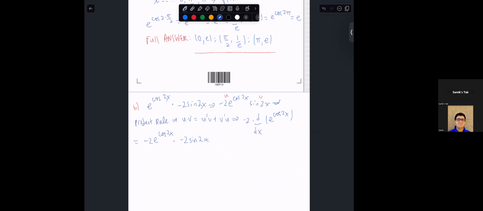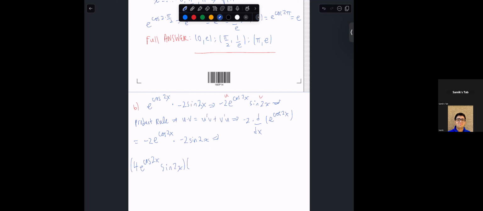So minus 2e^cos 2x into minus 2 sine 2x. This is now done with u dash. I can simplify this and write it as positive 4e^cos 2x into sine 2x.